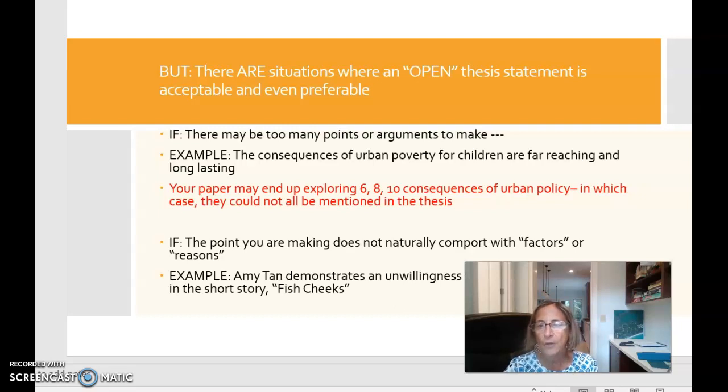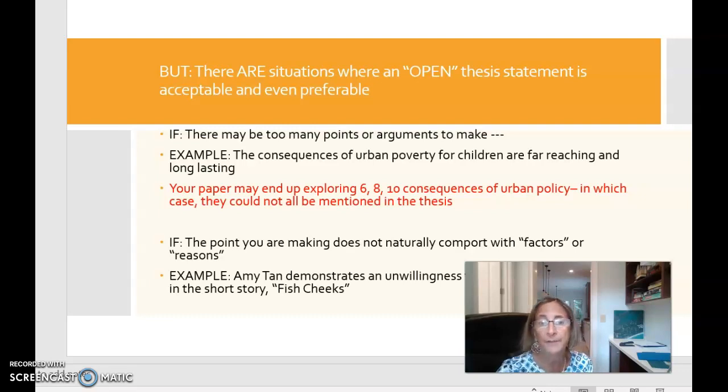However, there are situations, ladies and gentlemen, in which an open thesis statement does work better, and maybe it's acceptable and even preferable. Here are two main circumstances under which an open thesis statement will work better. Number one is if there are going to be too many main points or main arguments.